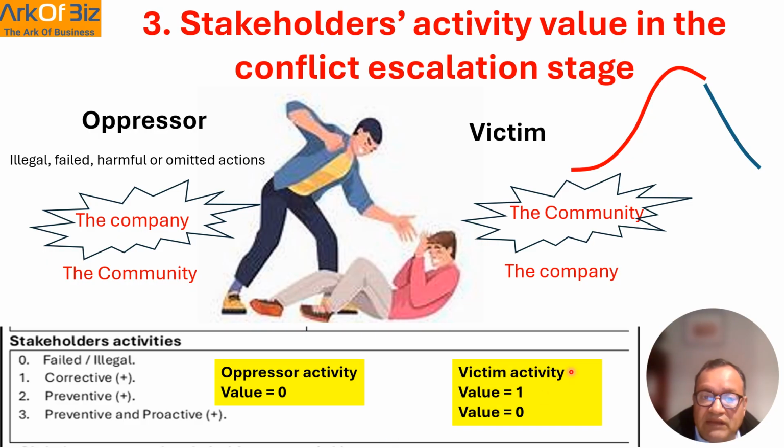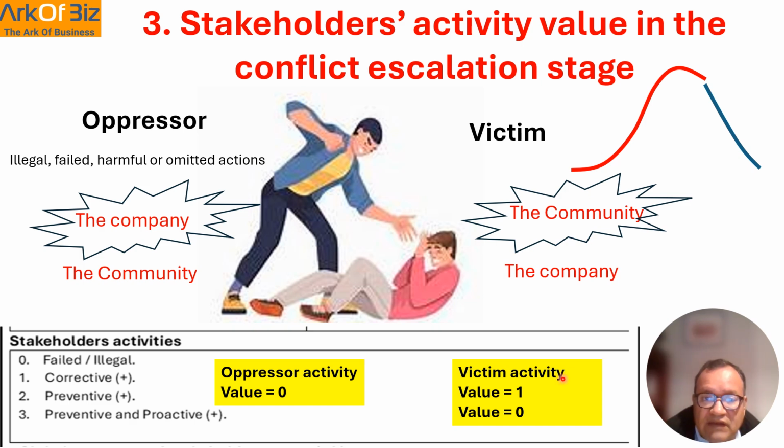activity value depends on their response. If the victim engaged in a corrective activity or appropriate activity such as protesting peacefully, filing complaint through the company's grievance mechanism, or requesting dialogue, they receive a value of 1.